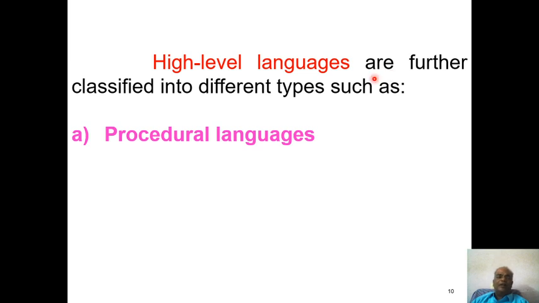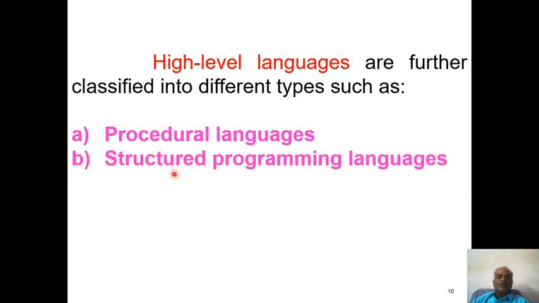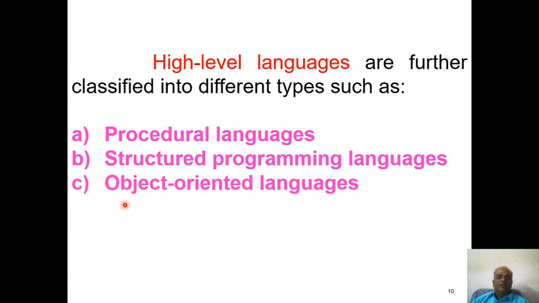High level languages are further classified into different types. The first one is procedural languages, the second one is structured programming languages, and the third one is object oriented languages.